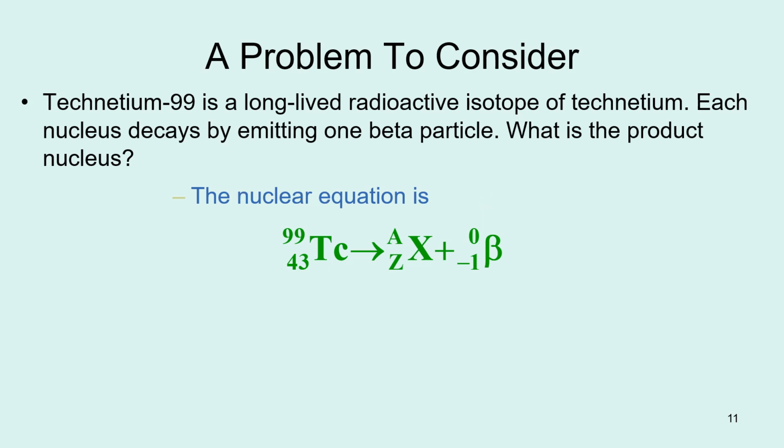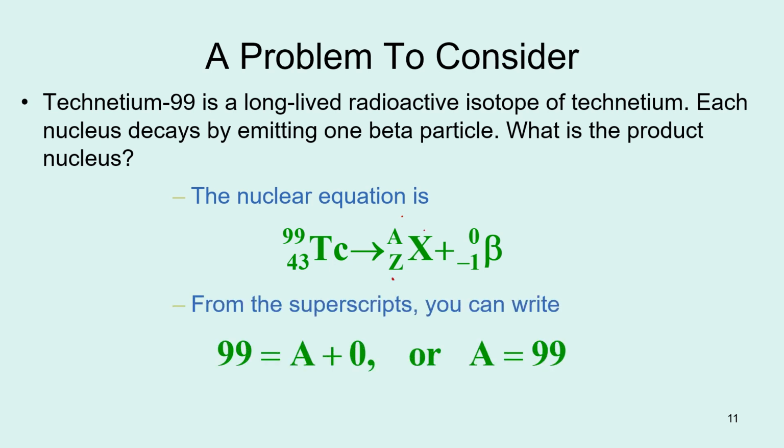So here we set up the nuclear equation. You can see technetium 43, 99. A beta particle is one of the products. And so what is the other product? We have to identify what is A, what is X, and what is Z. Like I just did, if you look at all the superscripts, A has to be whatever makes 0 plus A equal to 99, so A has to be 99.